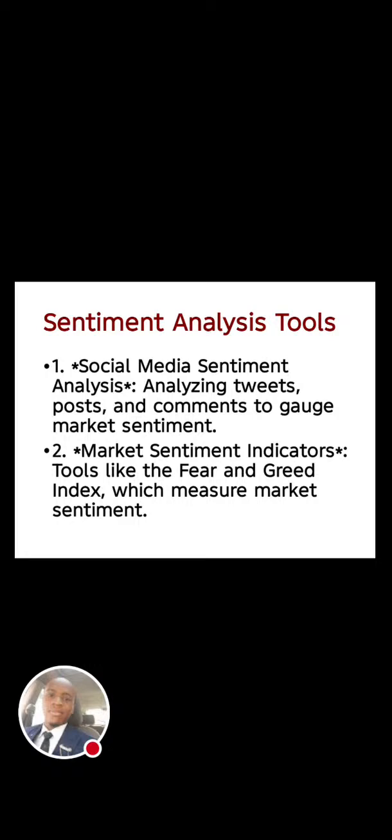So, what are some of the tools you make use of when analyzing the market using sentiment? You make use of social media to analyze that. Analyzing tweets, posts, comments, it helps gauge the market sentiment. One of the things the Shiba and Doge used in breaking through was all based on sentiment, nothing more.